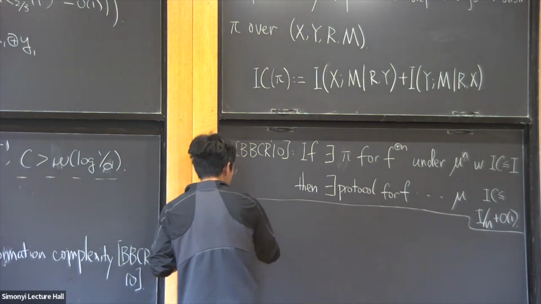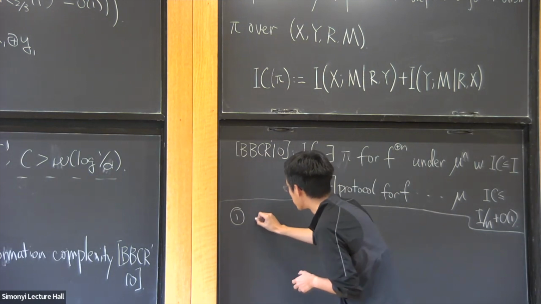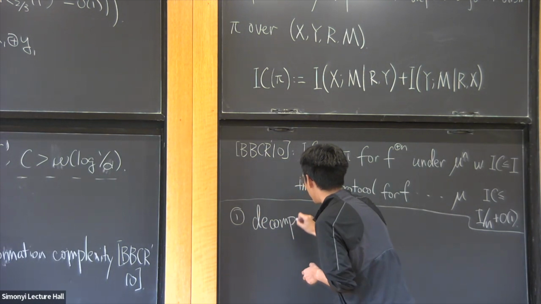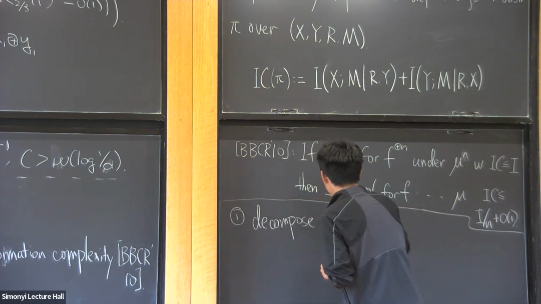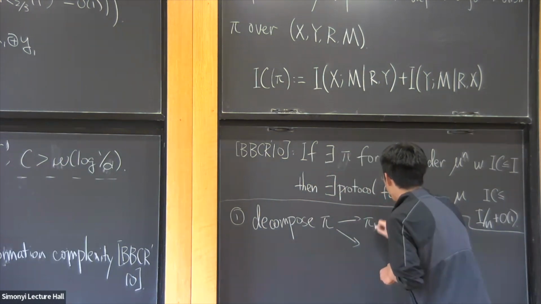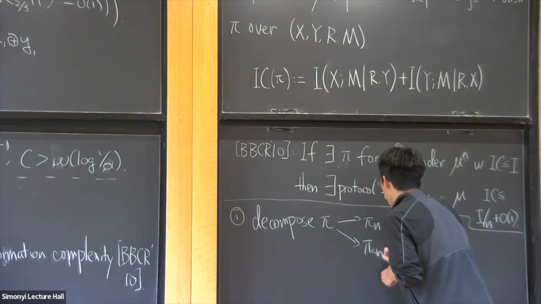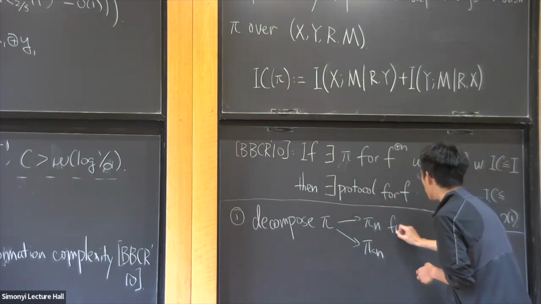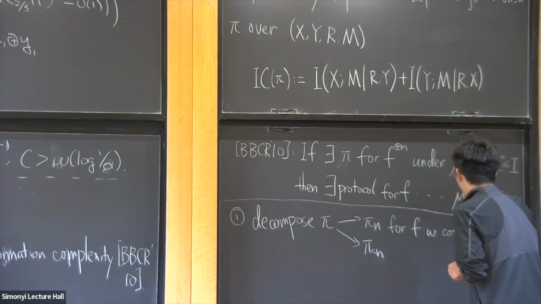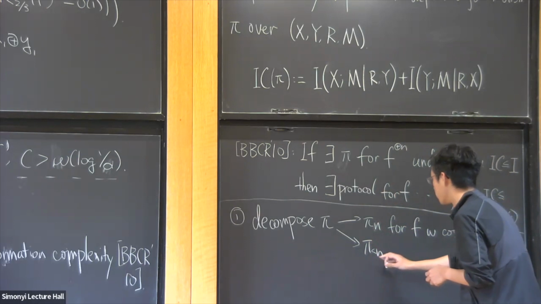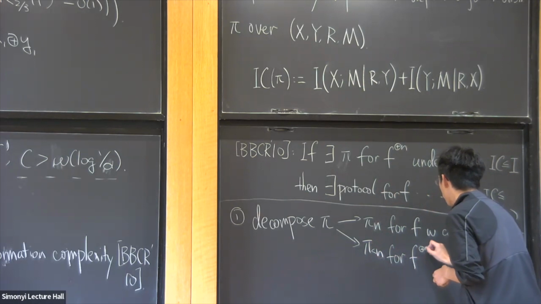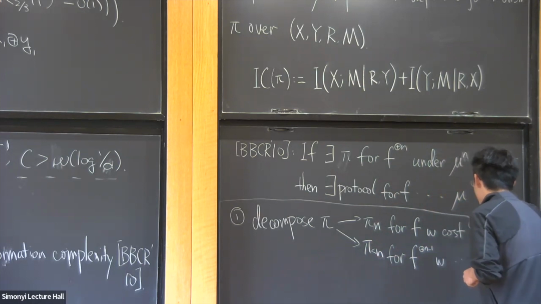The first step of the proof is to decompose pi into two smaller protocols, pi sub n and pi sub less than n, such that pi sub n is a protocol for f with some information cost I sub a, let's say. And then pi sub less than n is another protocol, for the n minus 1 fold of f, with some other cost I sub b.